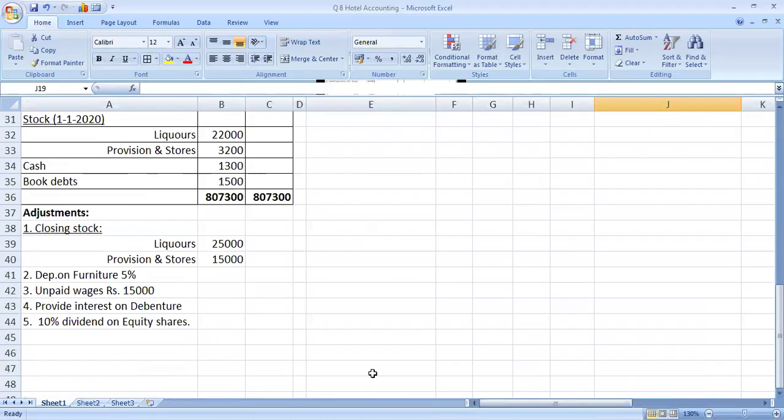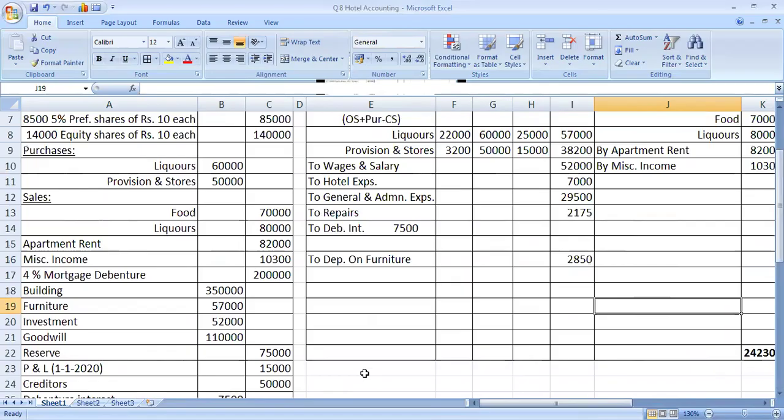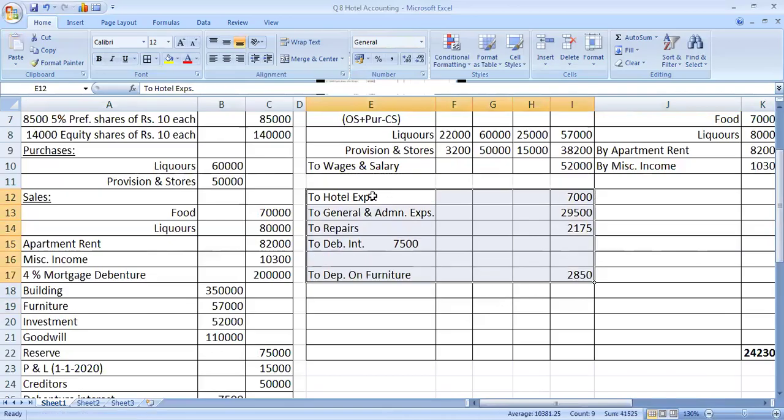Adjustment number third, unpaid wages rupees 15,000. First effect, add in wages and salary. Wages and salary in the column.